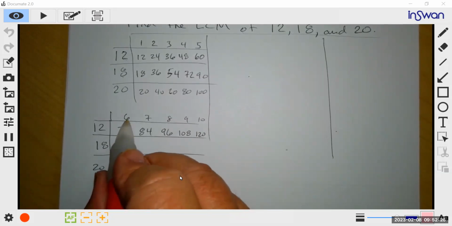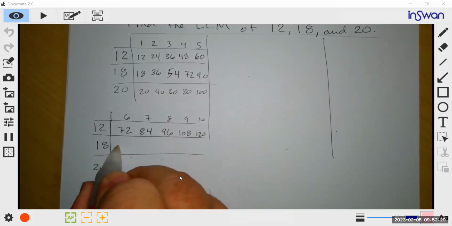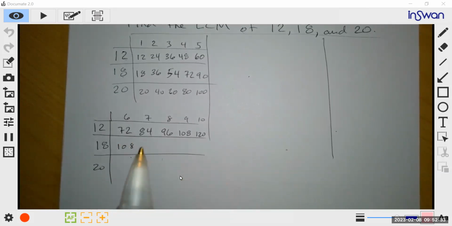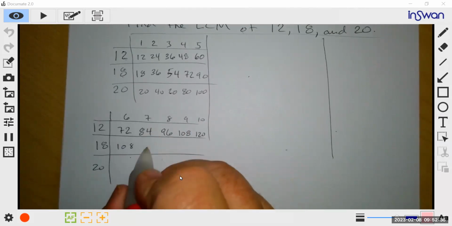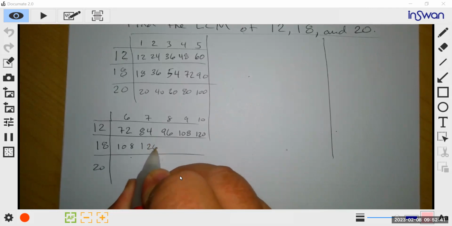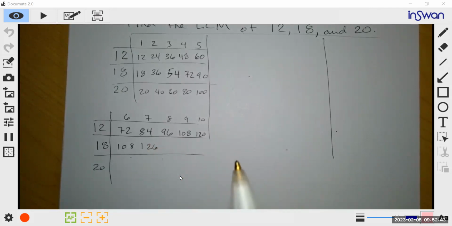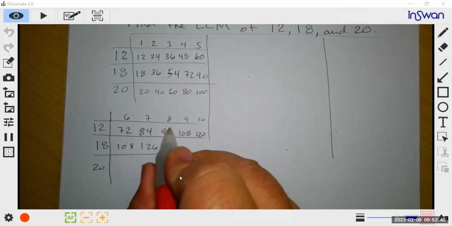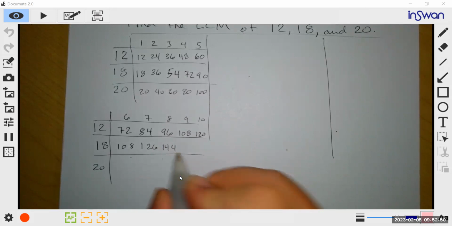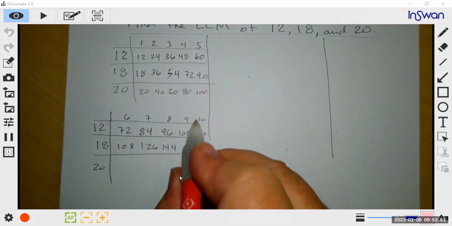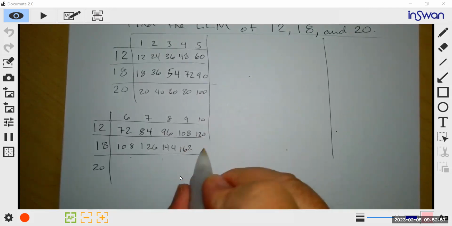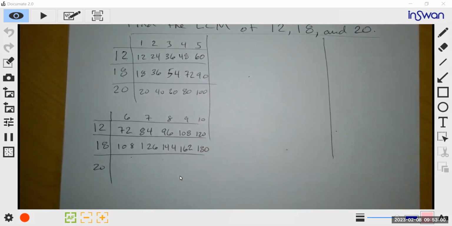Eighteen times 6 is 108. 18 times 7, 126. 18 times 8, 144. 18 times 9, 162. 18 times 10 is 180.